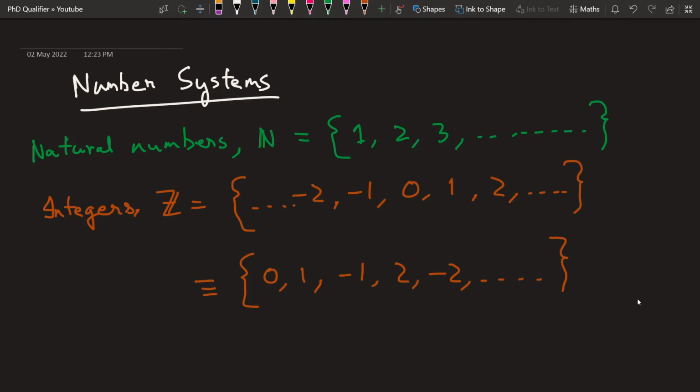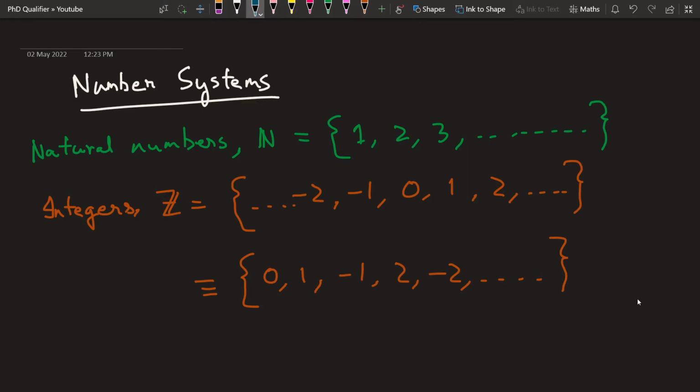Also, the definition of countable involves natural numbers, in that when you call something countable, what you are actually doing is assigning natural numbers to the objects that you're counting.